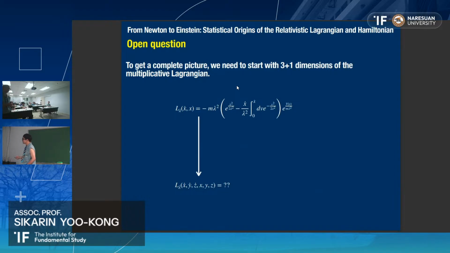So far we started with 1 plus 1, so we need to extend this multiplicative Lagrangian into this kind of situation. But we don't know how to construct this form yet. We have not succeeded yet.